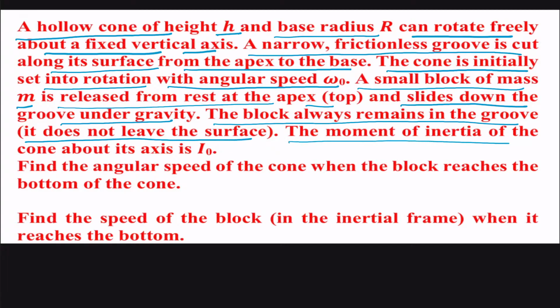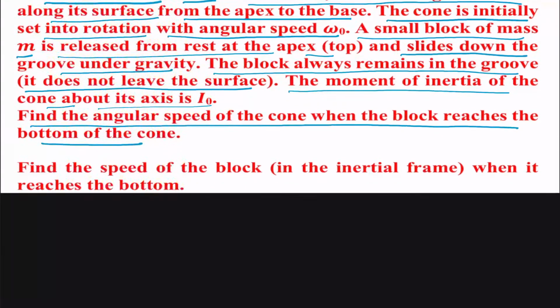The moment of inertia of the cone about its axis is given as I naught. Find the angular speed of the cone when the block reaches the bottom of the cone, and find the speed of the block in the initial frame when it reaches the bottom. Okay, so we have to find the angular speed of the cone as well as the speed of the block.